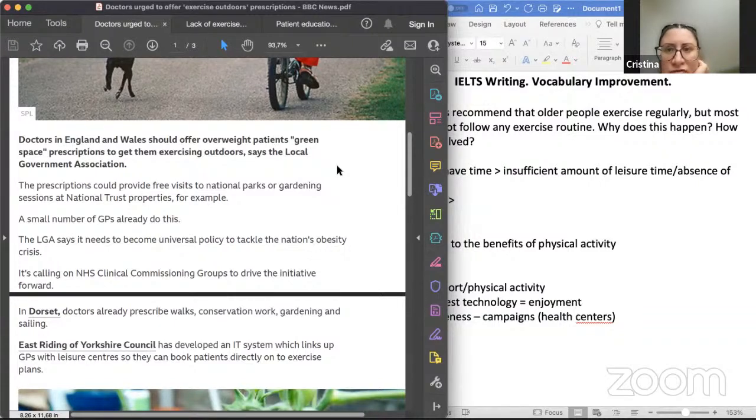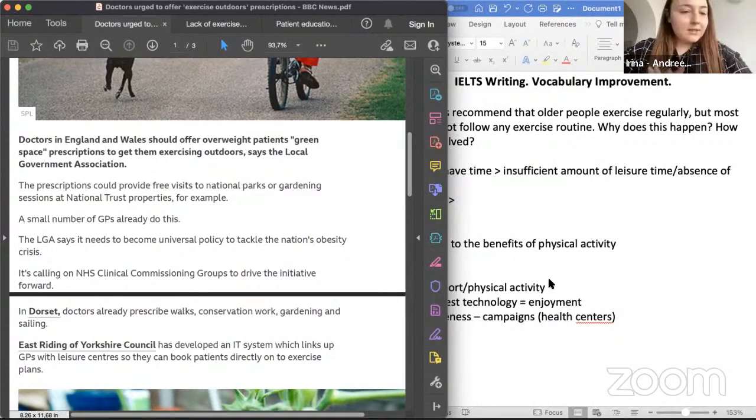A small number of GPs already do this. The LGA says it needs to become a universal policy to tackle the nation's obesity crisis. It's calling on NHS clinical commissioning groups to drive the initiative forward. Great.